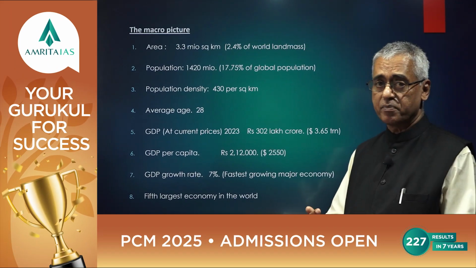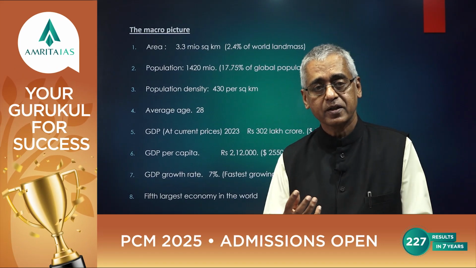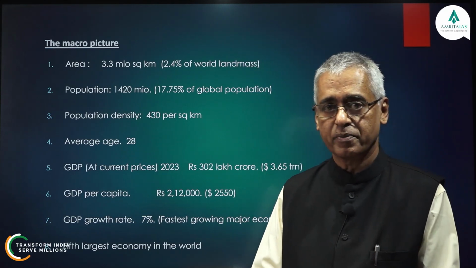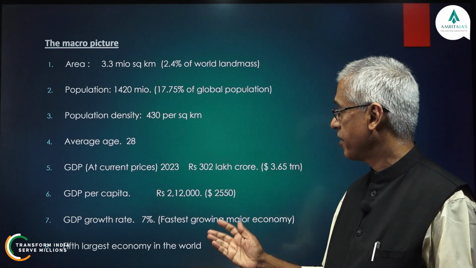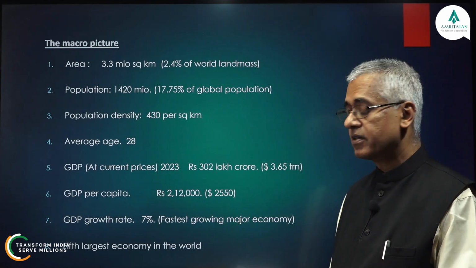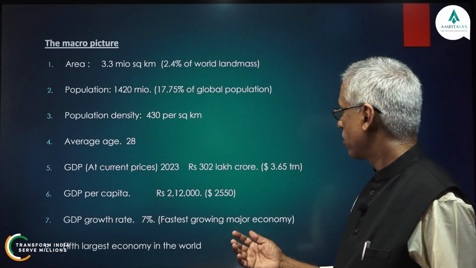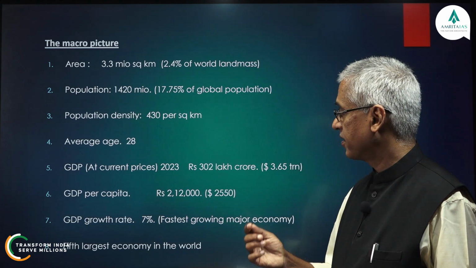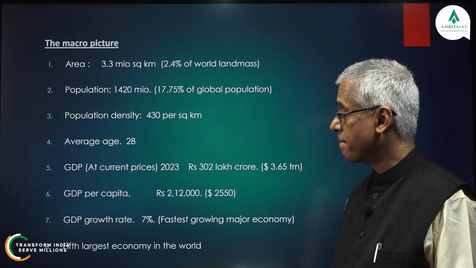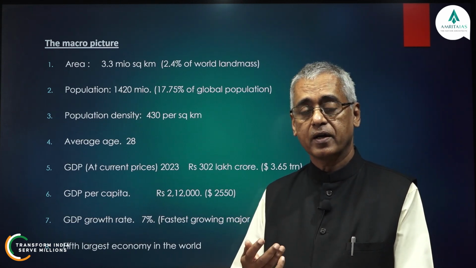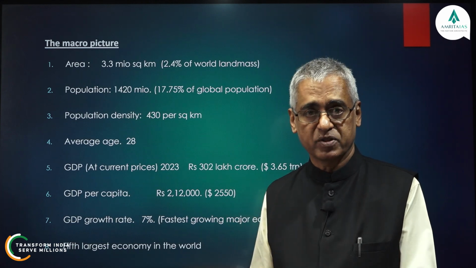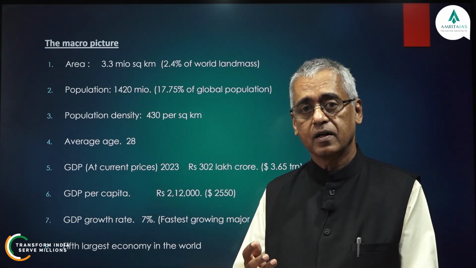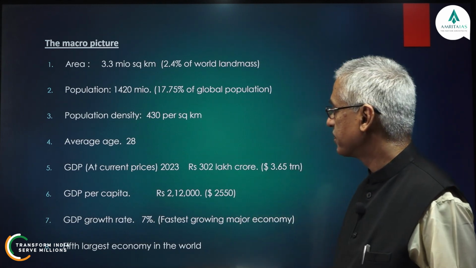And the GDP, the gross domestic product, which is the output value of the economic activities taking place in the country, is estimated at 302 lakh crore or $3.65 trillion as at the end of 2023, the country growing at a rate of above 7%, the fastest growing large economy in the world.